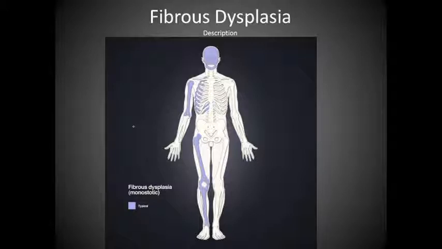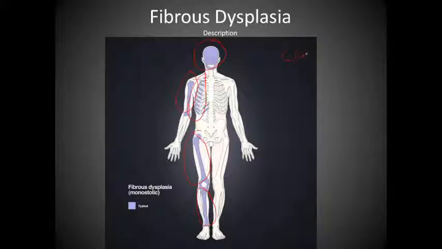So for monostotic fibrous dysplasia, we have it in several areas. Typically it occurs in the cranium, in the humerus, ribs, femur, and the tibia. So let's go through that again.